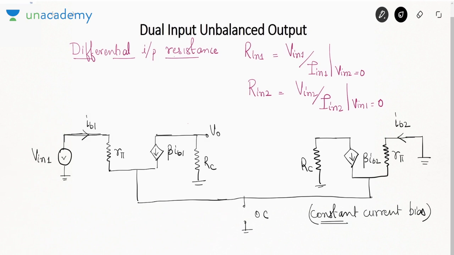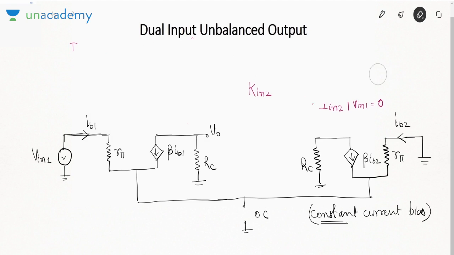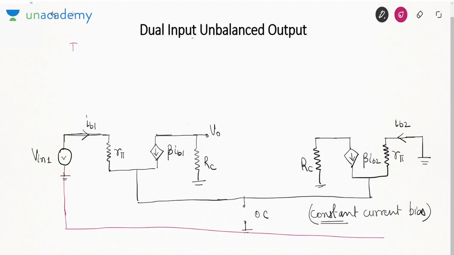Now one thing that will happen is, I am removing this in order to use this space. So suppose since both these are grounded, I will connect like this and then I will say this is ground.